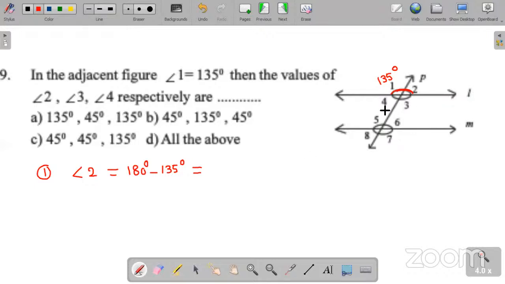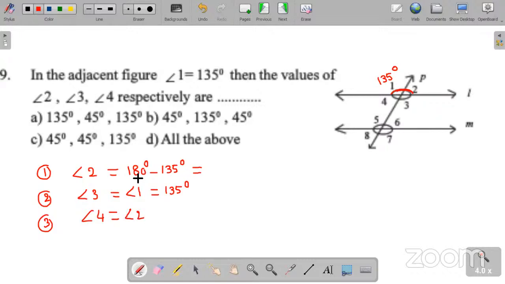Now you need to find angle 3. Second point: angle 3 is equal to angle 1 because they are vertically opposite angles, so that is 135 degrees. Third step is angle 4. Angle 4 equals angle 2.